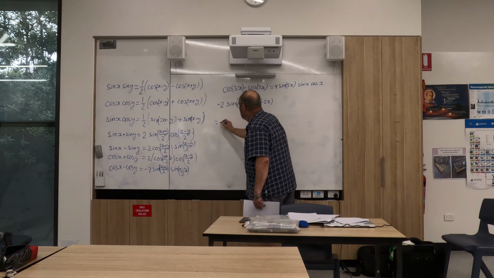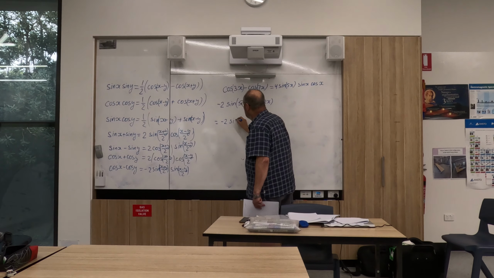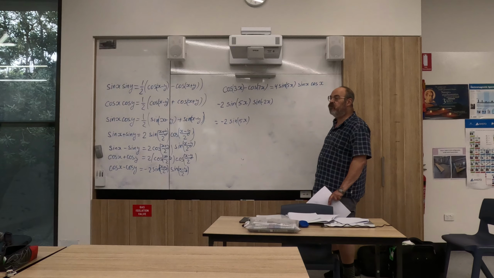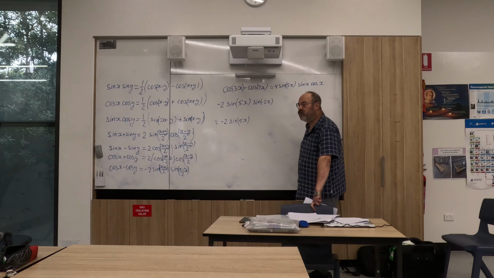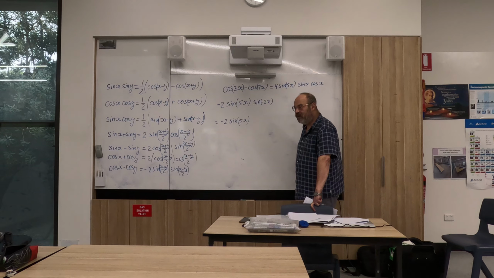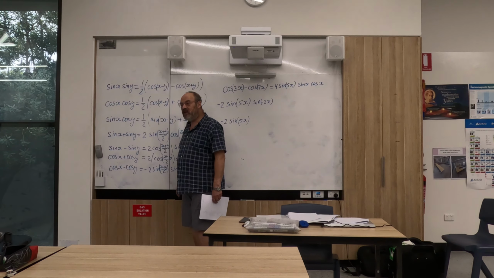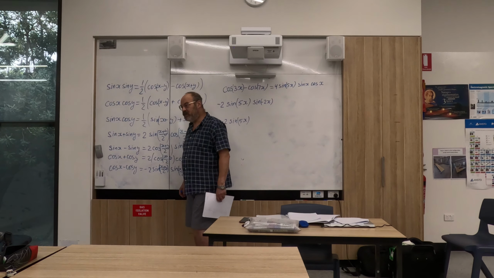Now, negative 2 sine 5x, we already got sine 5x, which we had here. Now let's recall the sine double angle formula. It's something that you should know. Sine 2x is 2 sine x times cos x.